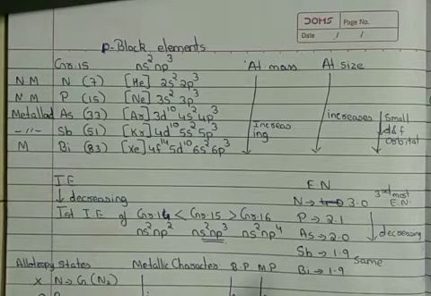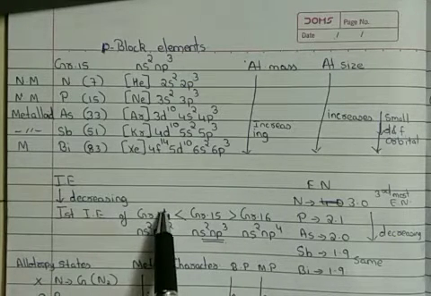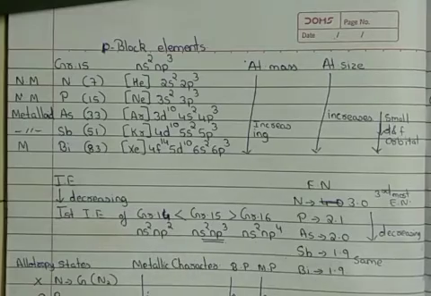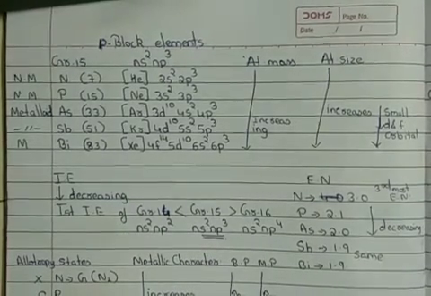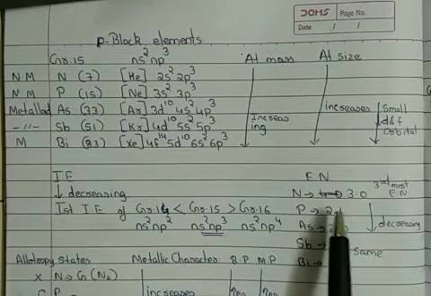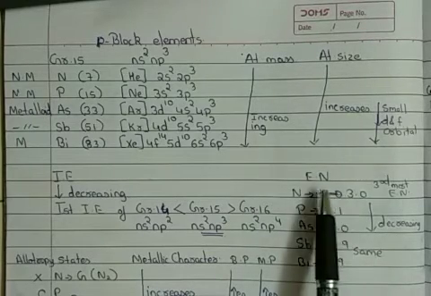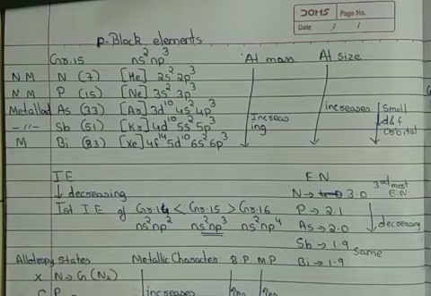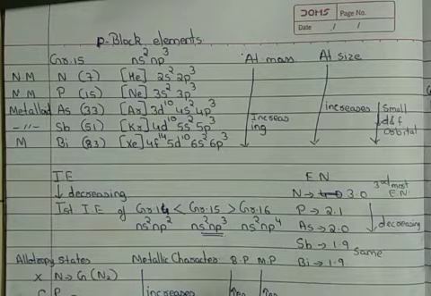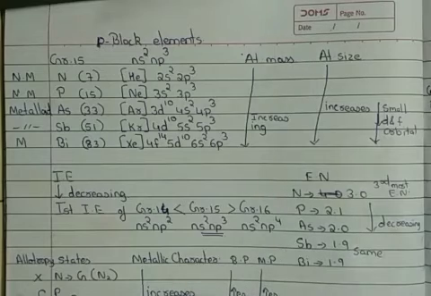Okay. Now after dealing with ionization enthalpy, the next part we have is electronegativity. Now what is meant by electronegativity? Electronegativity is the tendency of an element to pull the electrons of another element towards itself during covalent bond formation.